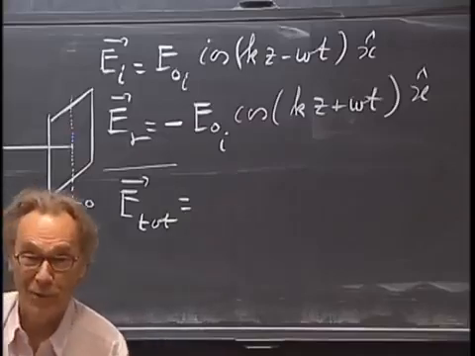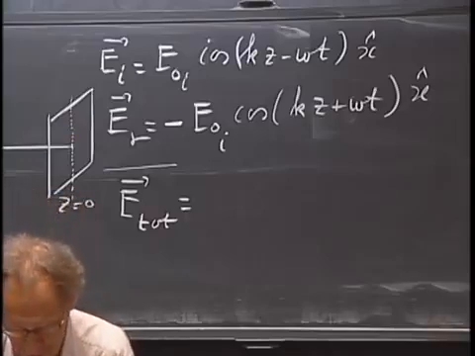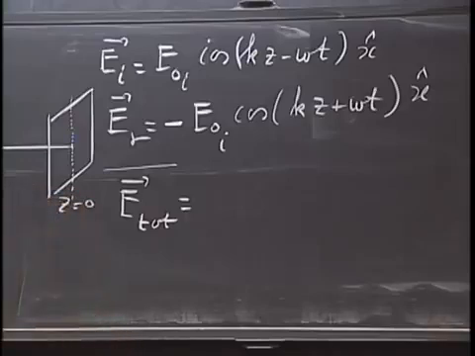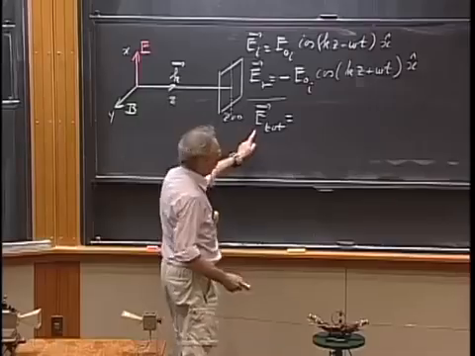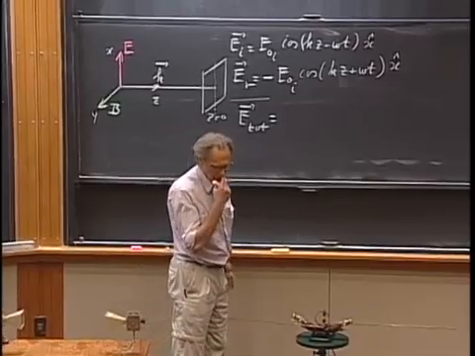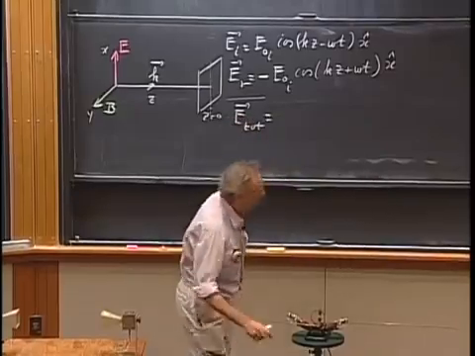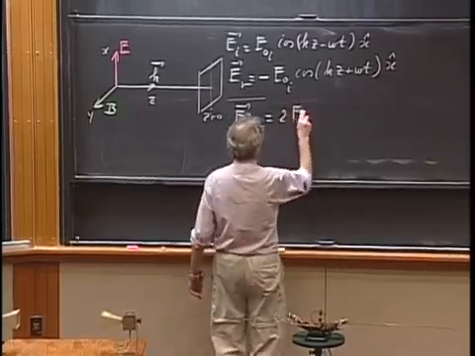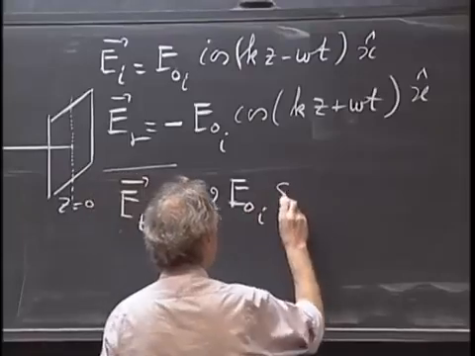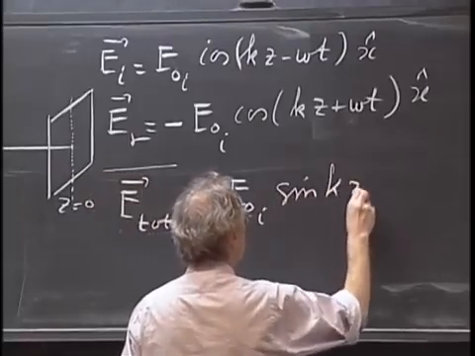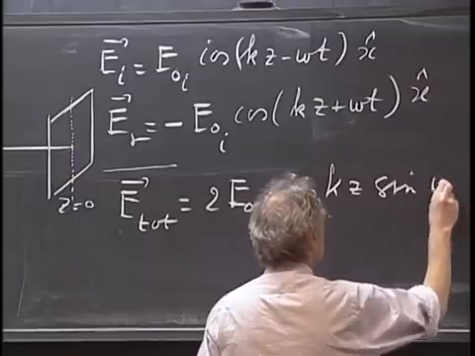Although I always have to look that up because I forget that just as well as you do. And so when I add that up, I get that the total electric field is 2E0I, and then I get the sine of kz, and I get the sine of omega t.